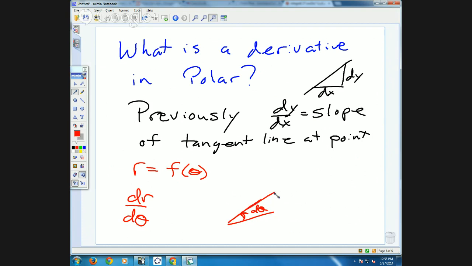So if I take this all the way out to wherever it lives, this is r equals f of theta. dr would only be a little piece of the radius. So from here to here, maybe, is dr.